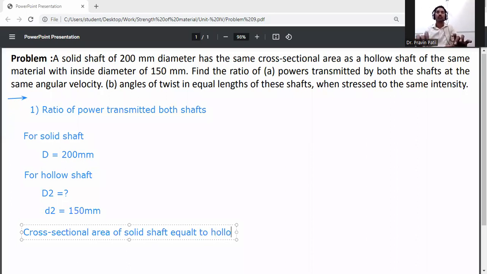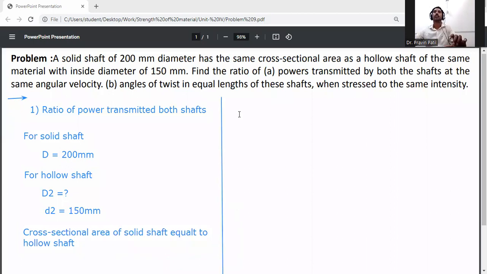Okay, so this data is given. So area of solid shaft and hollow shaft is given equal. So that's why A1 is equal to A2. You can say area of solid shaft is equal to area of hollow shaft.